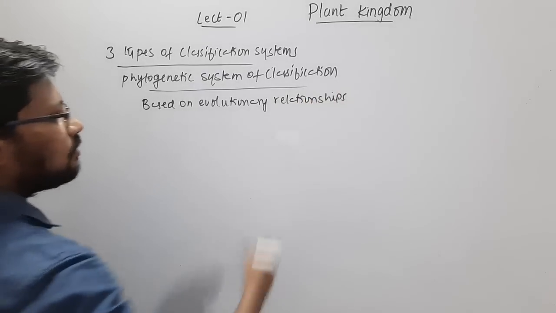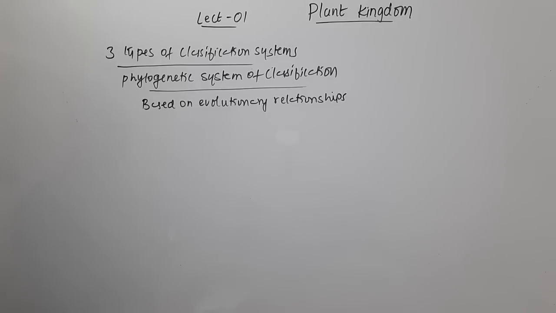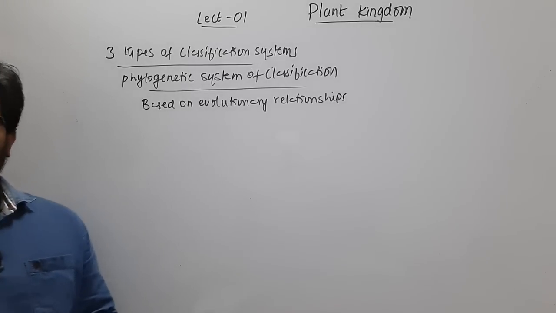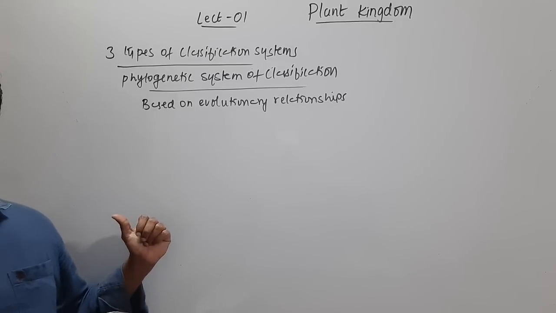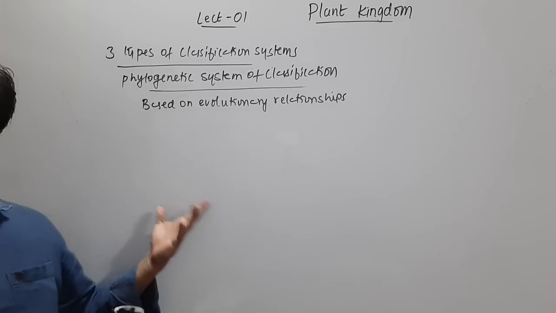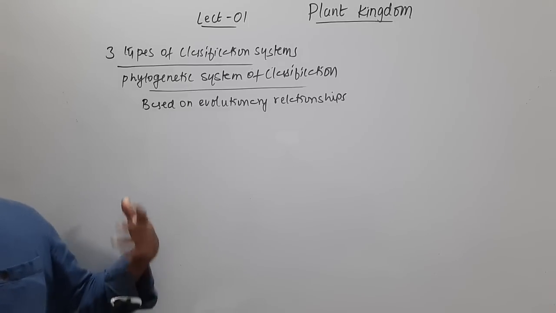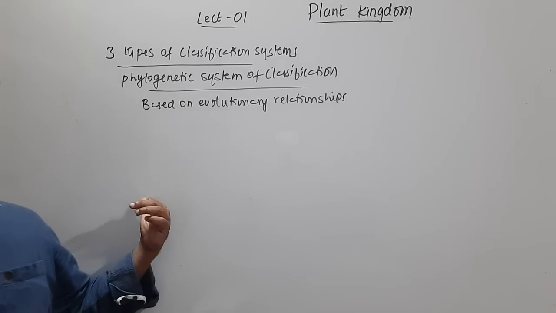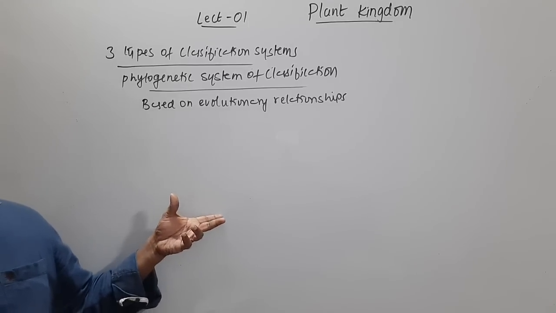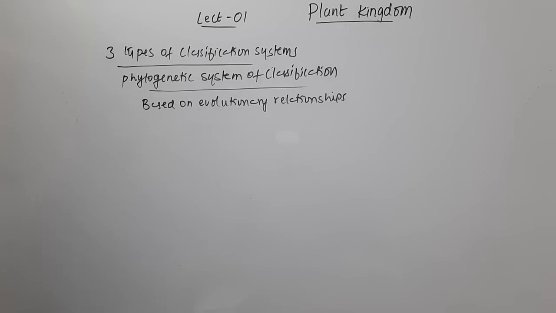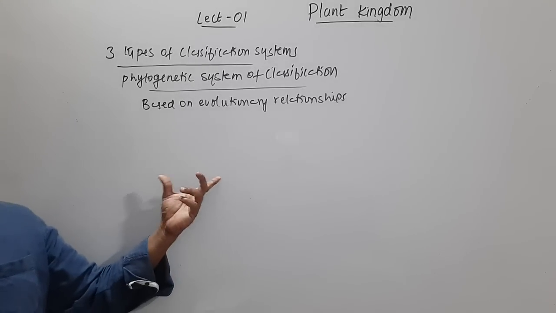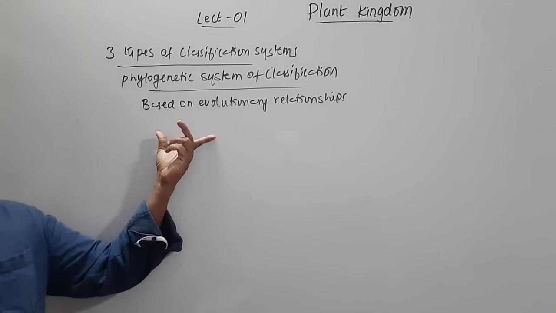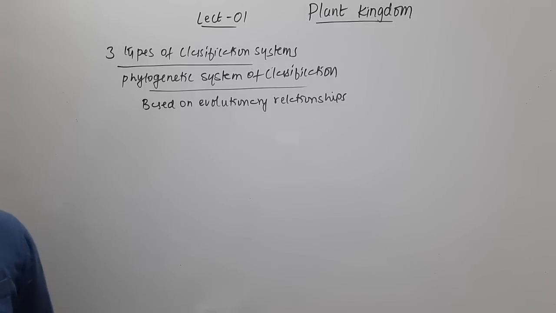Now we understand, when we compare with the artificial system of classification, it used only the superficial characters, then the natural system used superficial as well as internal, and in the phylogenetic system of classification we include all those external, internal, and phylogenetic relationships.